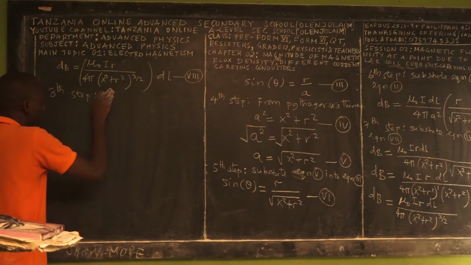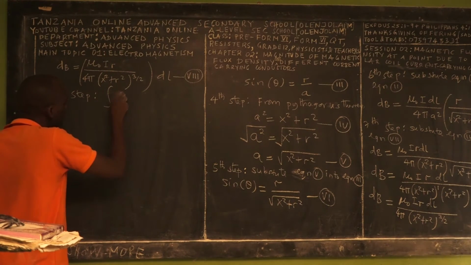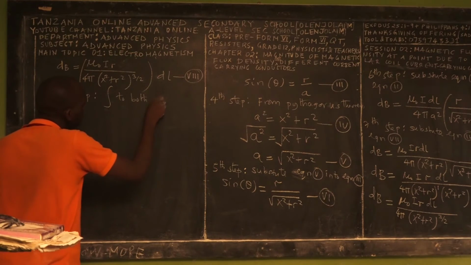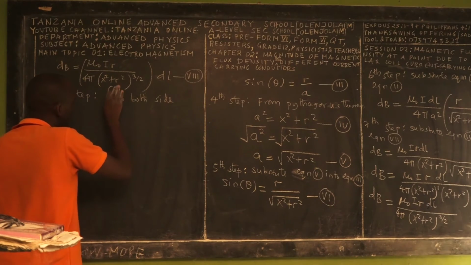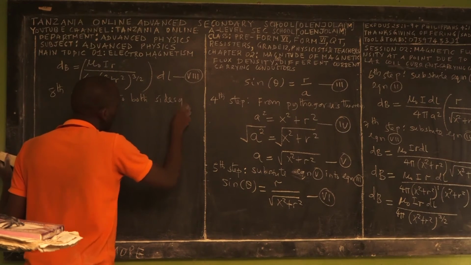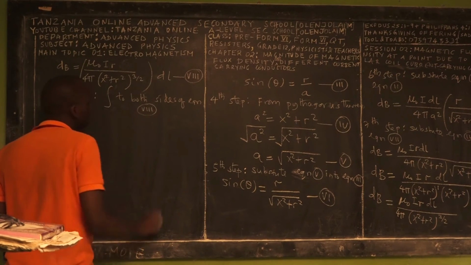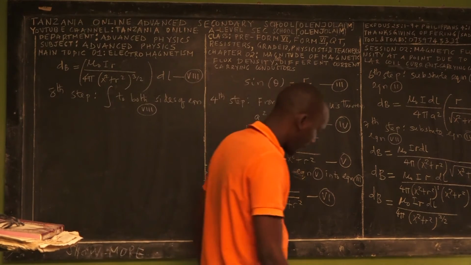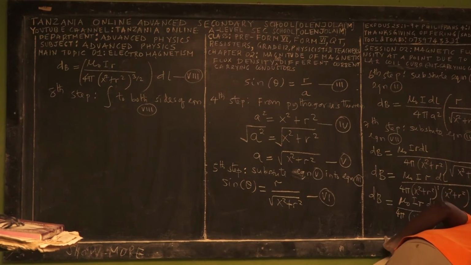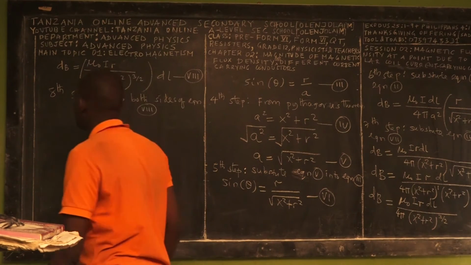Now, integrate to both sides, so integrate from A to B. It means integrate both sides of equation 8.